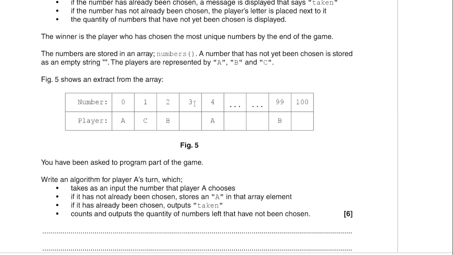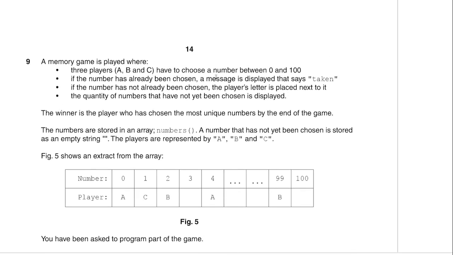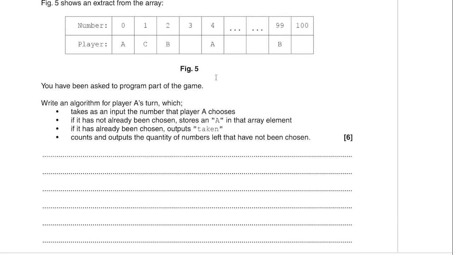A number that has not yet been chosen is stored as an empty string, and the players are represented by A, B and C. Okay, and we're shown an extract from the array, so we have our numbers 0 to 100, obviously skipping them out, and you can see, I guess, at a certain state in the game how it might work.